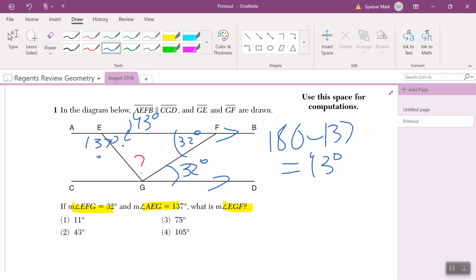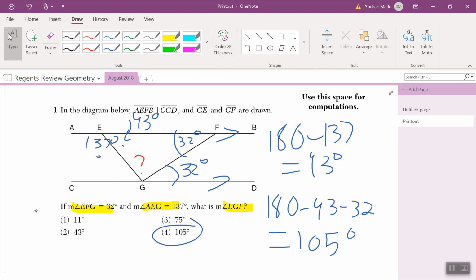And the triangle is also equal to 180 degrees. So 180, take away 43, take away 32, gives you your answer. So 180 minus 43 minus 32 is 105 degrees. Choice number 4. On to the next question.